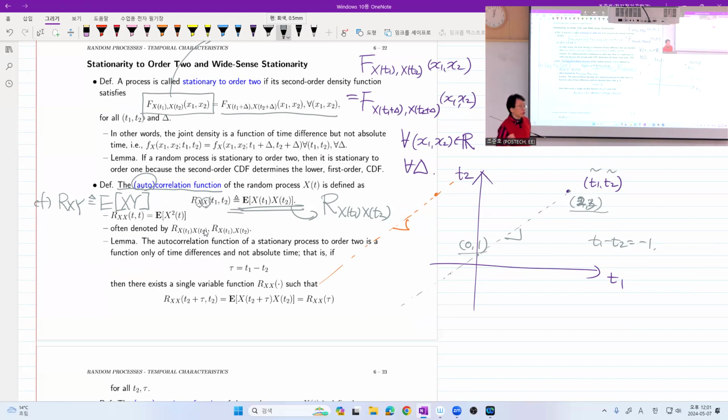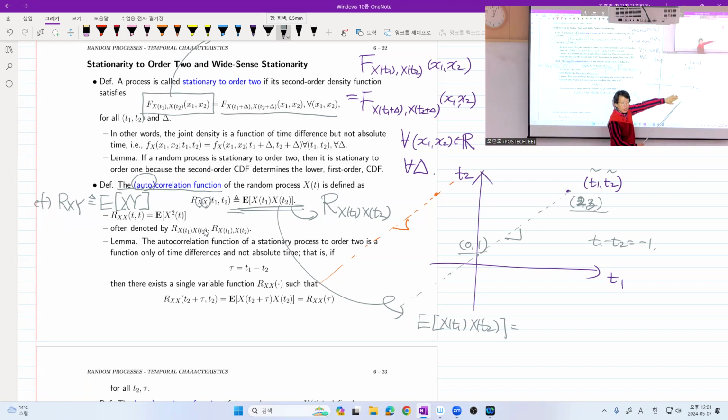And of course, the question is, what would be the property of this correlation function when your process X is stationary to order 2? What would that be? Let's just simply use our definition. X of T1 times X of T2 expectation equals what? Any expectation of anything equals what?